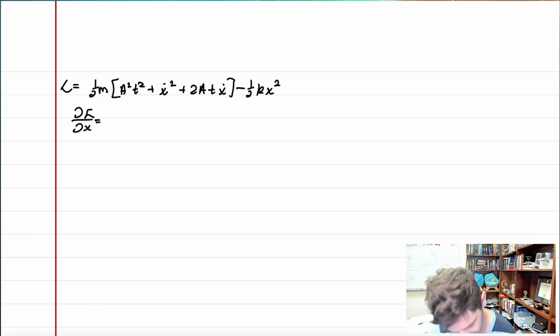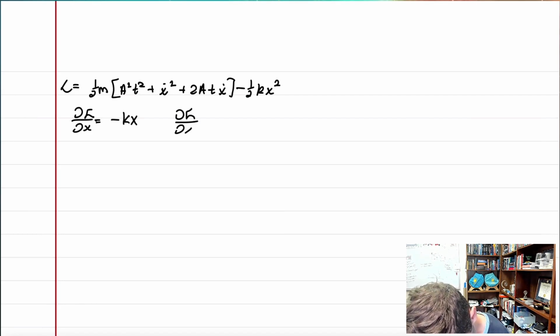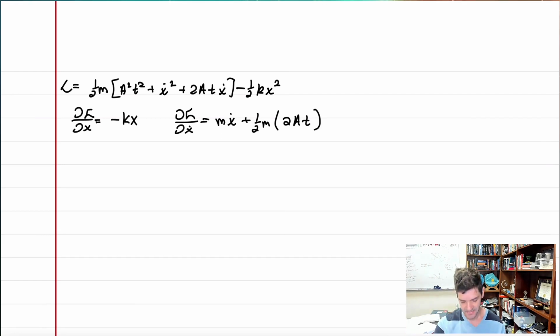The partial of the Lagrangian with respect to x looks like it's just negative kx. The partial with respect to x dot looks like it's going to be m x dot, then there's this cross term, plus 1/2 m times 2 a t. So that looks like m x dot plus, I guess, m a t.